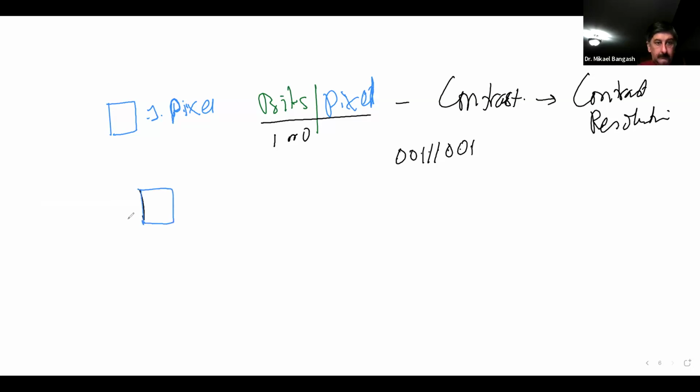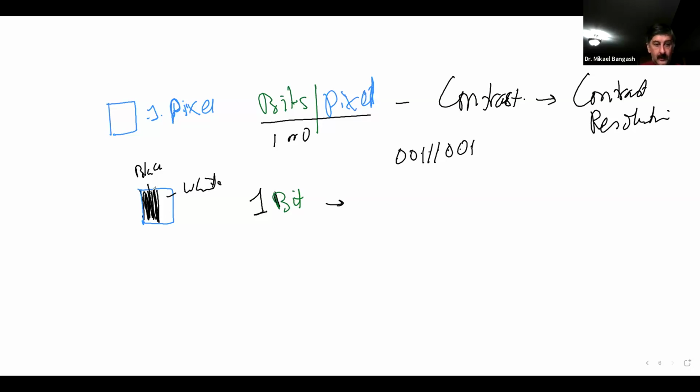So if in this pixel here, 1 pixel, we only had 1 bit, that means this pixel could only have 2 possible colors, one black and one white. Now, what would that lead to?